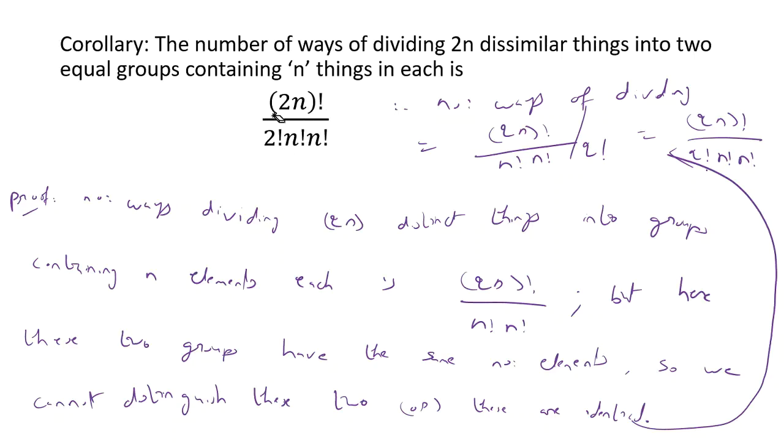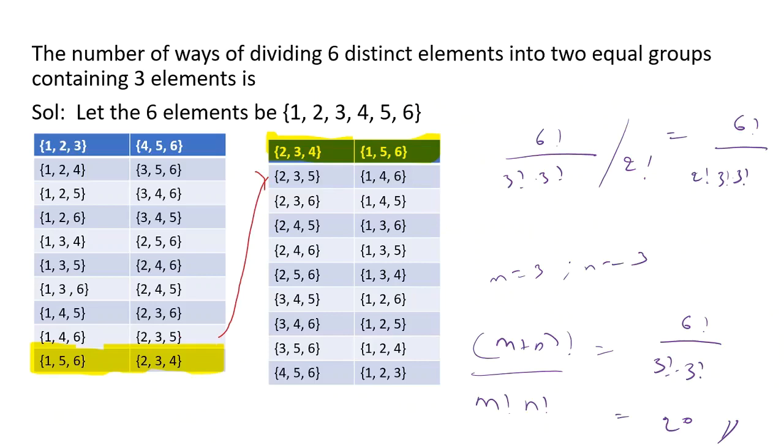The number of ways of dividing them into 2 groups is going to be 2n factorial upon 2 factorial times n factorial times n factorial. Now these are the total number of ways of dividing the things. After dividing, we have to distribute. I can distribute among 2 people in 2 factorial ways. Therefore, the total number of distributions is going to be 2n factorial upon 2 factorial times n factorial times n factorial, times 2 factorial. So, which is going to be this one.